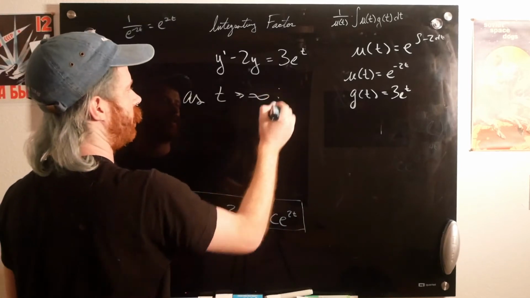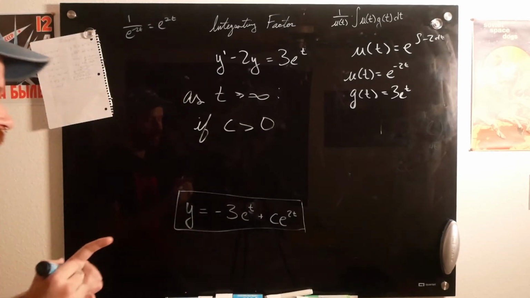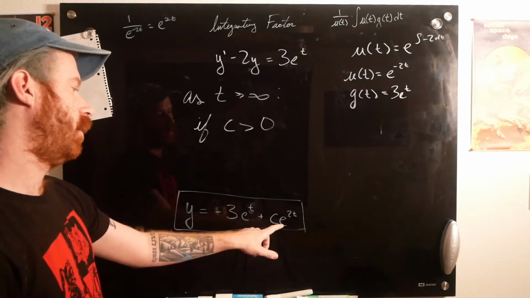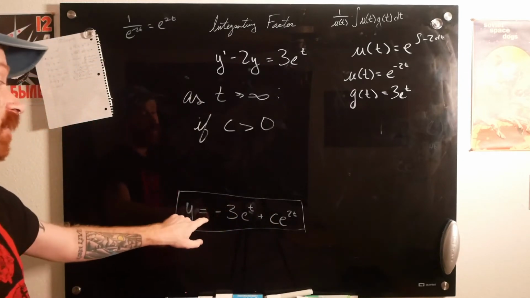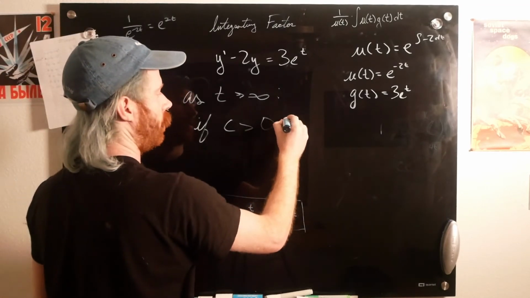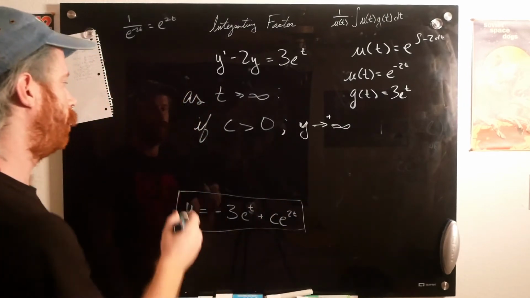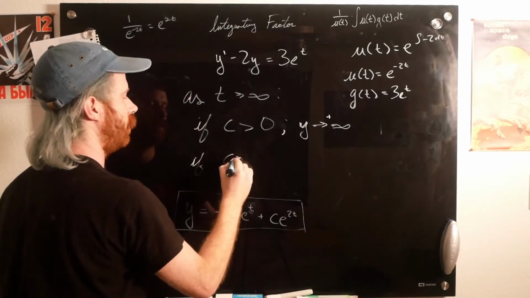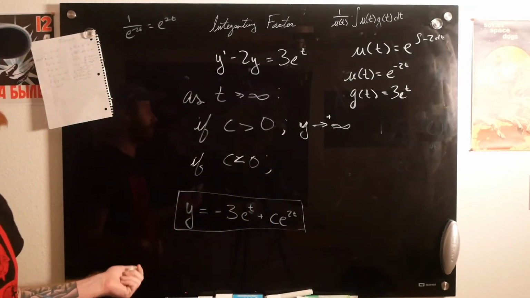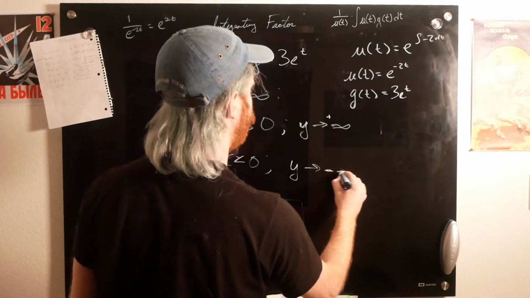So if c is greater than 0, if c is positive, then this y value is going to be approaching positive infinity, right? But what if c is less than 0? Then this would just end up being like a really big negative number. So then y would approach negative infinity.